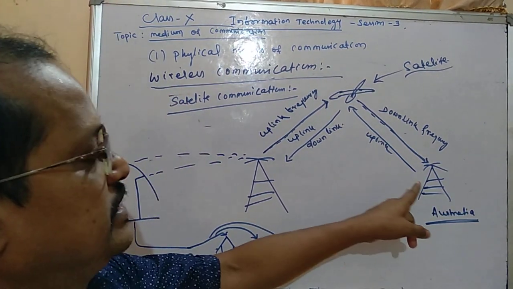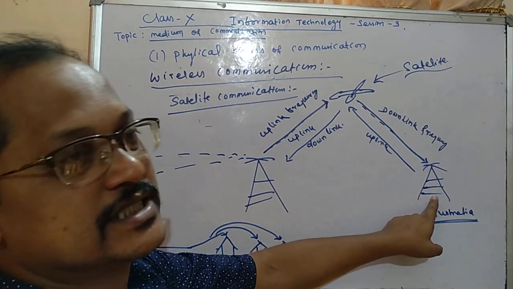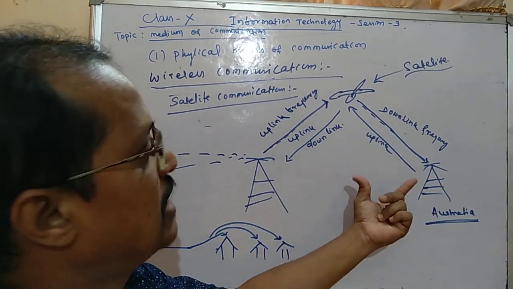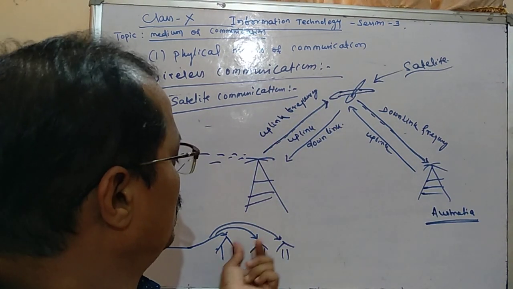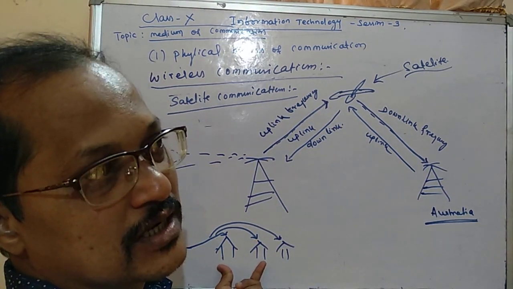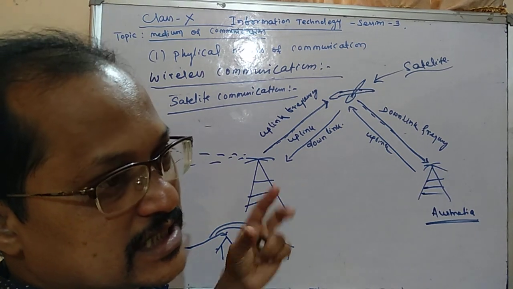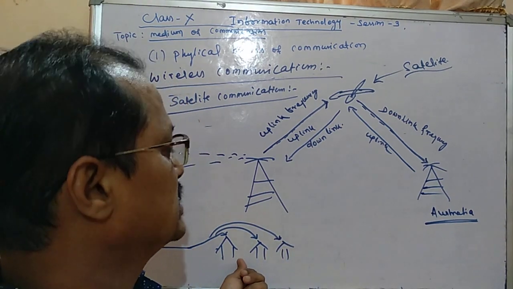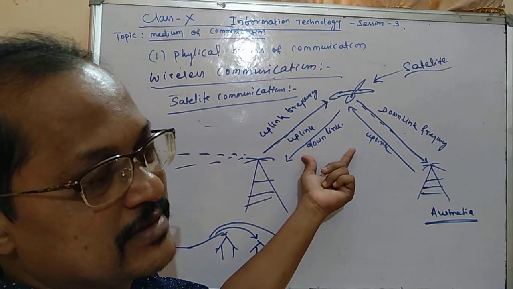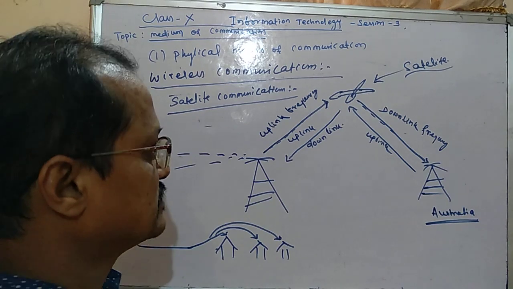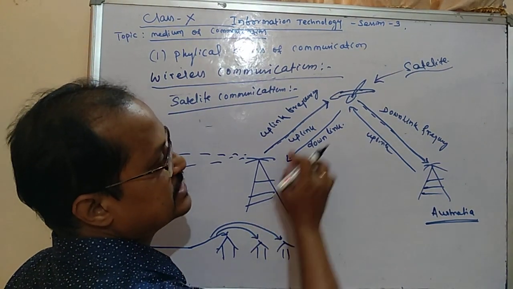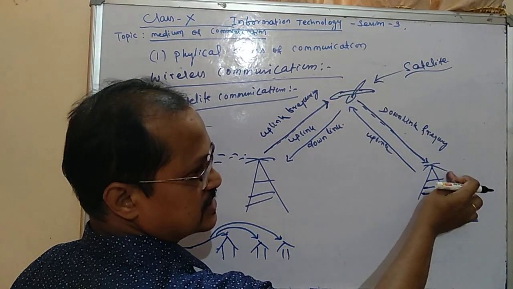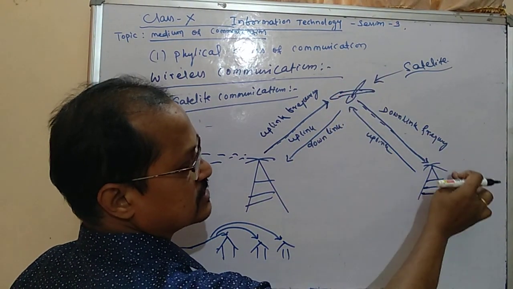Suppose a player is being clean bowled. In how much time are we seeing it? We are realizing that exactly that player has been out. That depends upon the distance and time, and it has been calculated: the data reaches the satellite and the satellite to the earth station, to the satellite and the satellite to the earth station.